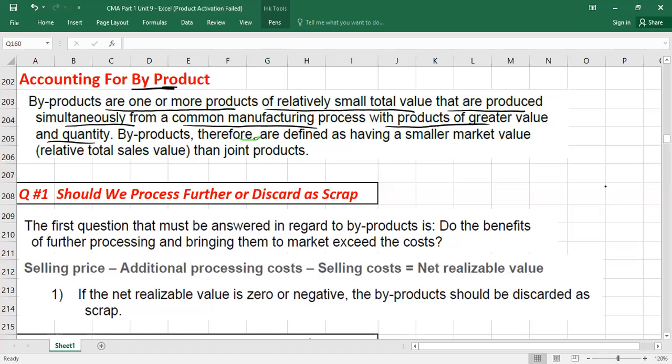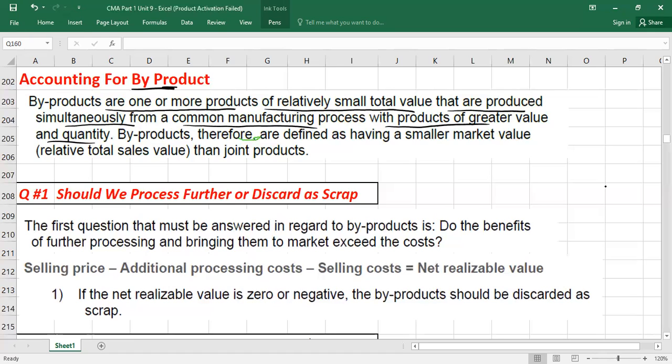You might get sawdust. You can also get small leftover pieces of the wood. Understood? Now, please remember, our intention is not to produce sawdust or small pieces of wood. Our intention is to make chairs or tables.